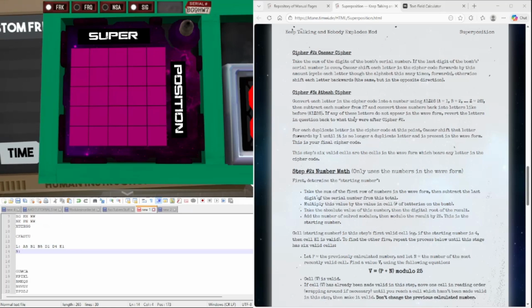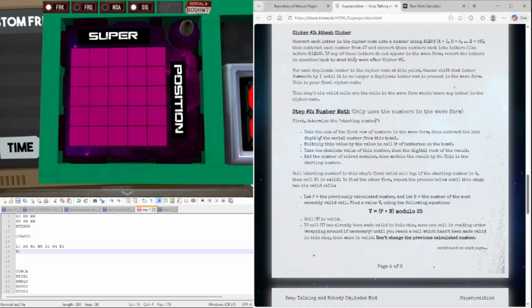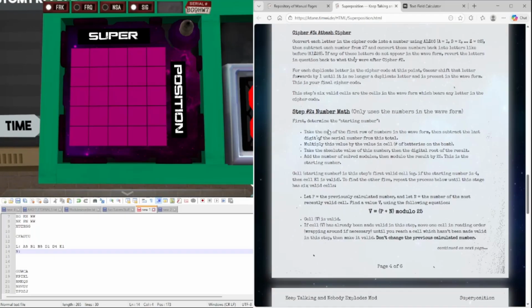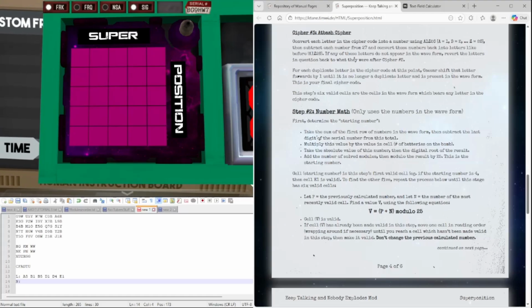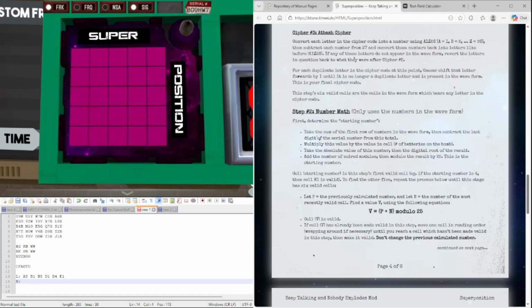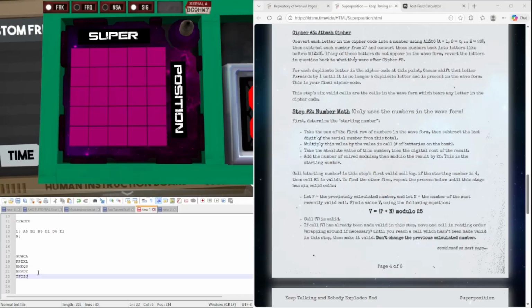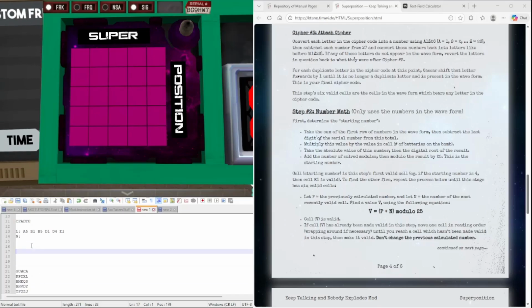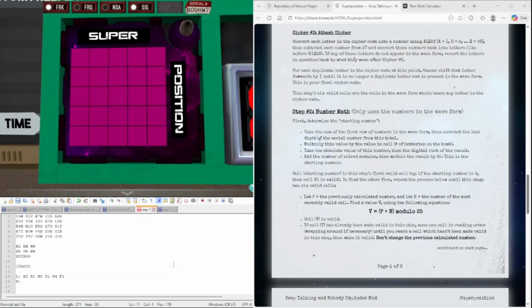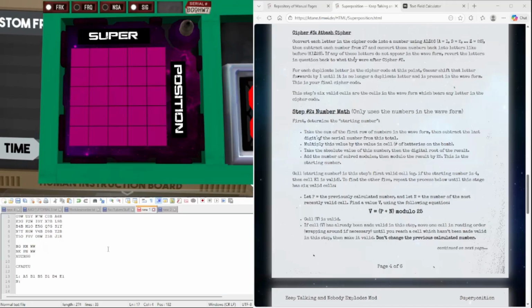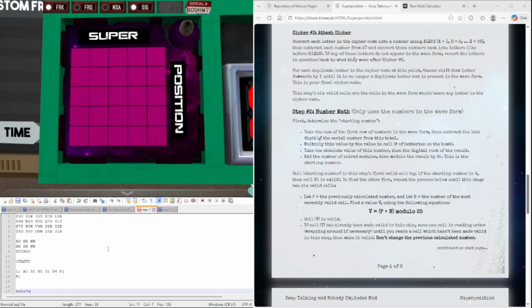So we're adding the numbers 1. Let's turn the starting number. The sum of the first row of numbers in the waveform, that is 9 plus 5 plus 7 plus 0 plus 6.